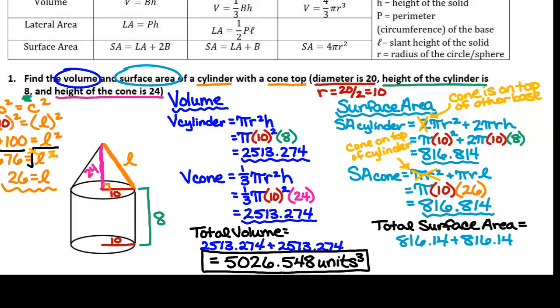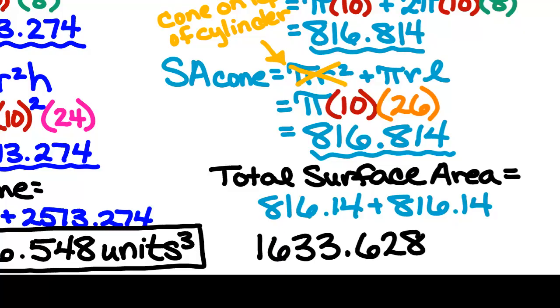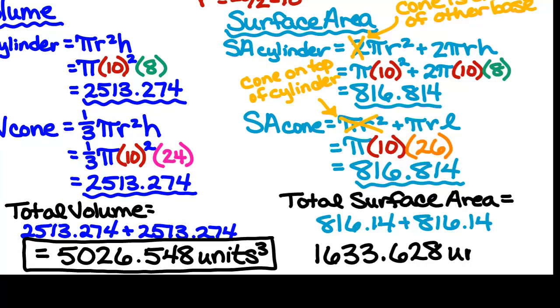What do we get when we add those two together? 1,633.628. And that would be units squared.